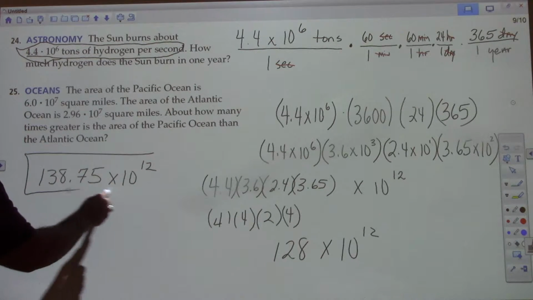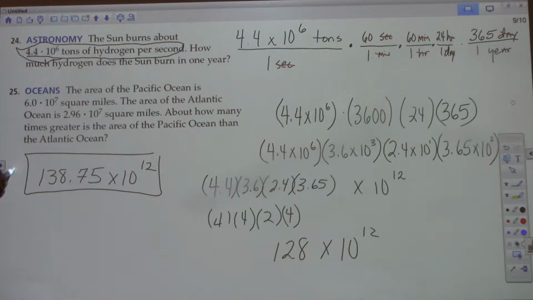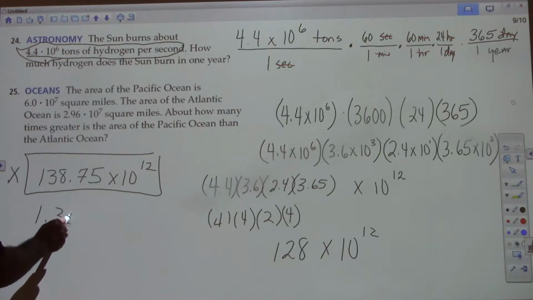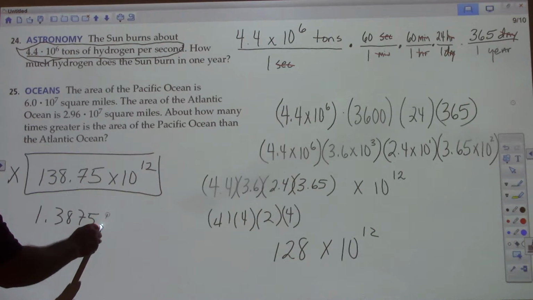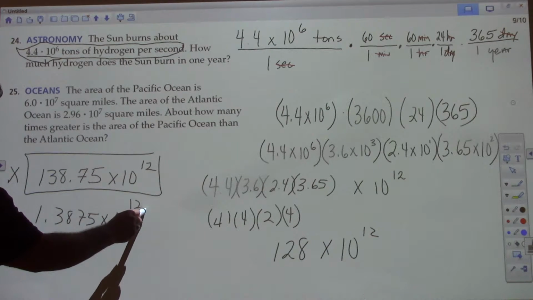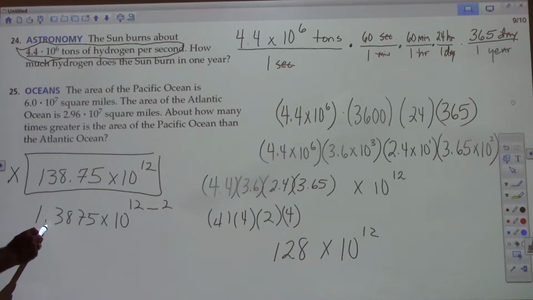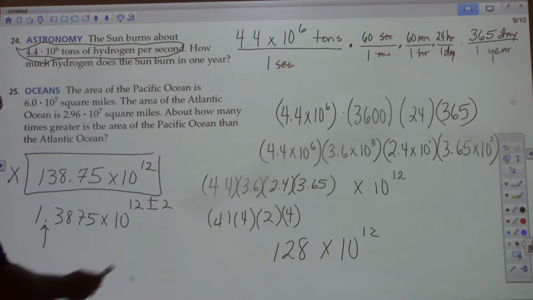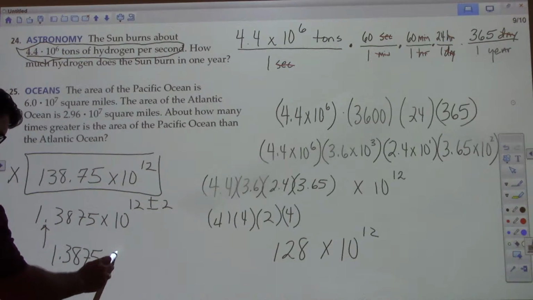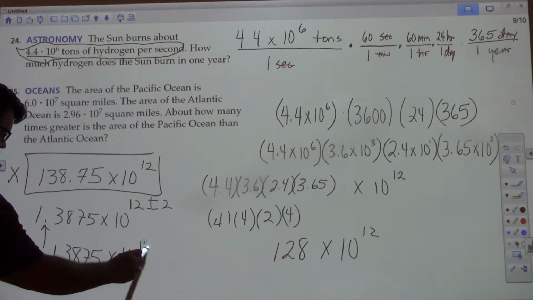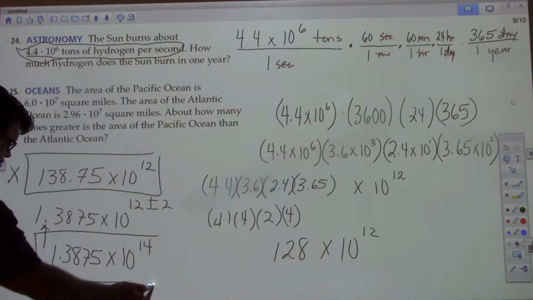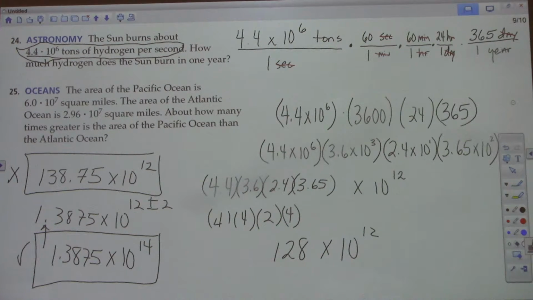Now, is this in scientific notation? No, it is not. So 1.3875 times 10 to the 12 plus 2. Which way do you move this in your head to get it back the way it was? To the right. So 1.3875 times 10 to the 14th power. And that is your answer.